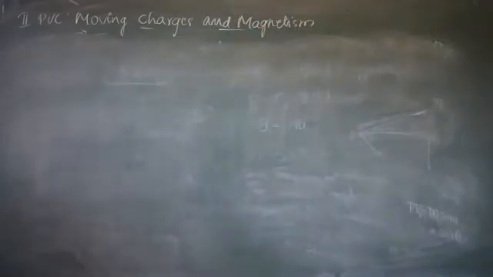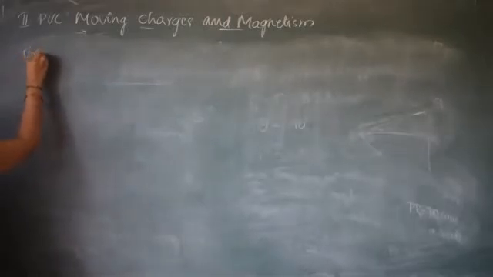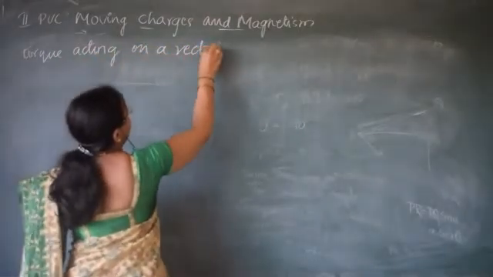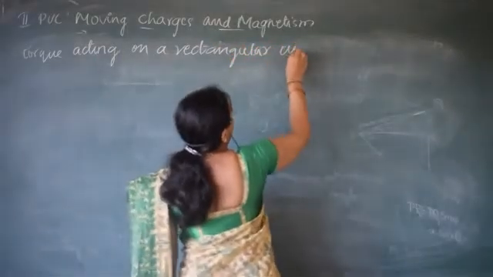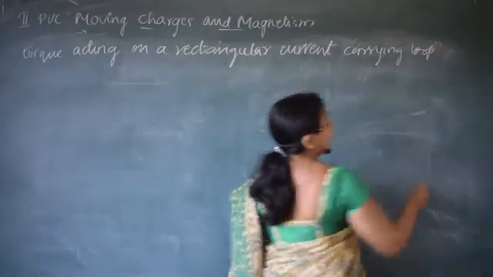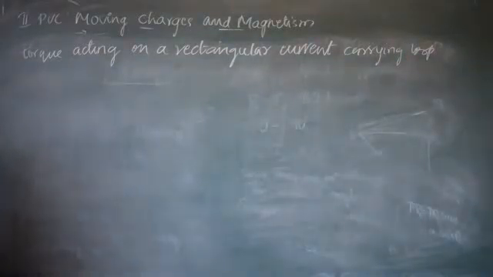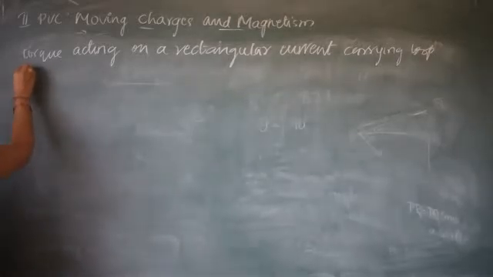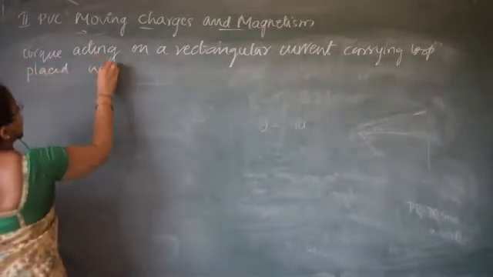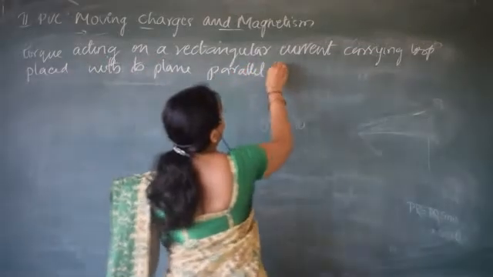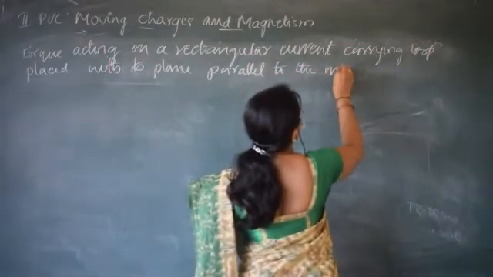So I'll write: torque expression for torque acting on a rectangular current carrying loop placed with its plane parallel to the magnetic field.